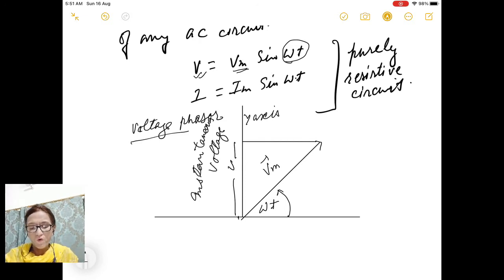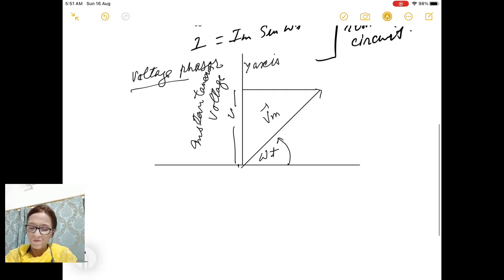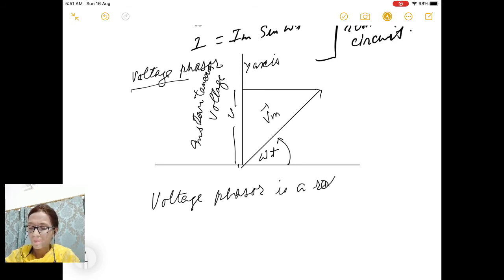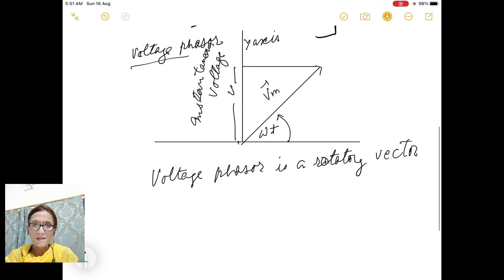So voltage phasor is a rotatory vector rotating in anti-clockwise direction.